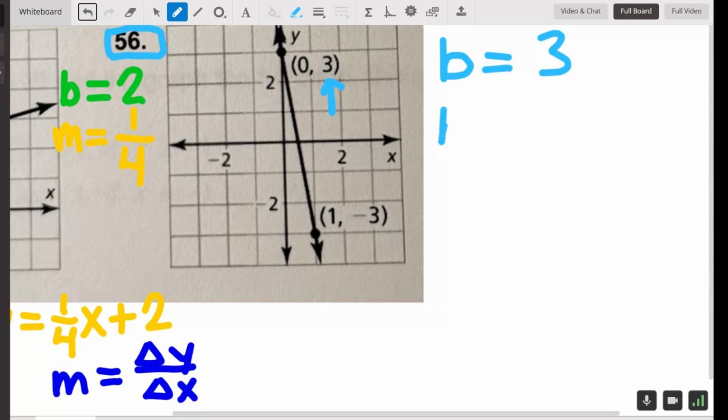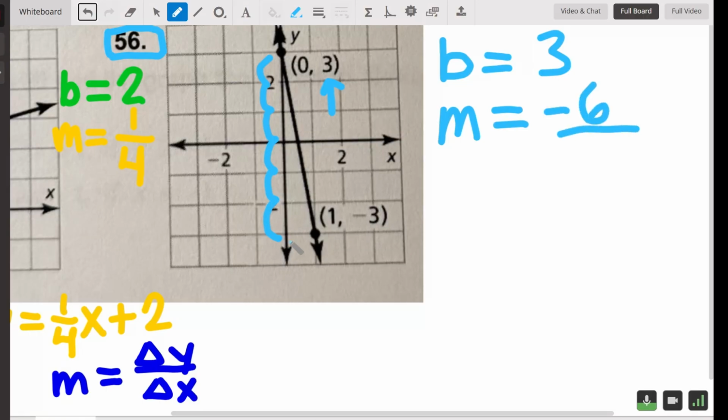What about the m value, or the slope? Again, we can calculate it, or we can just count it off. Let's go ahead and count it off. So what's our rise? Well, it's actually a negative rise. It's a downward. We go down 1, 2, 3, 4, 5, 6 units as we go from coordinate to coordinate. So we got a negative 6 there.